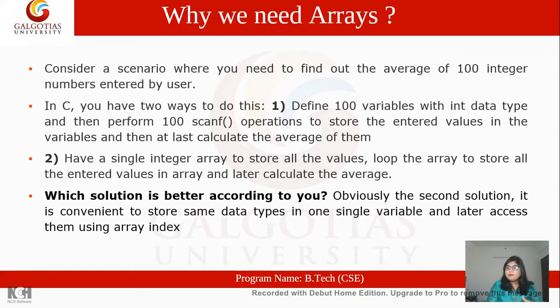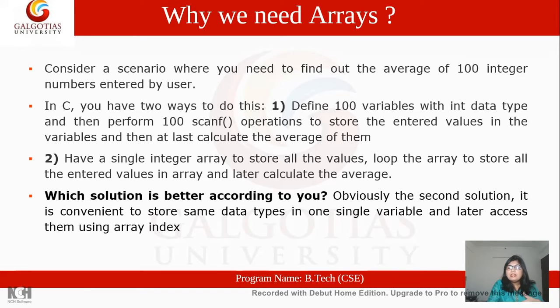So that will be a tedious job, that will increase the number of lines in your code, and when you declare 100 variables, it could be confusing what was your first variable name, what was your 99th variable name, likewise. So array gives you easiness, it gives clarity in the code when we have same data type elements.